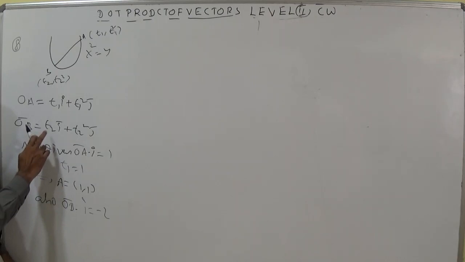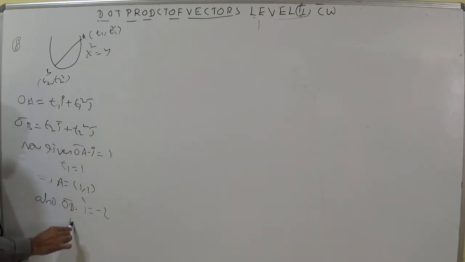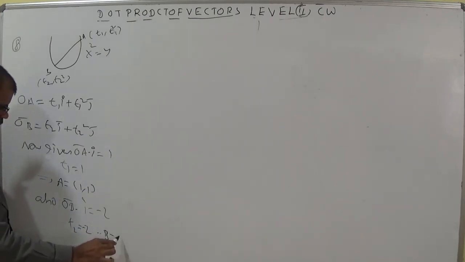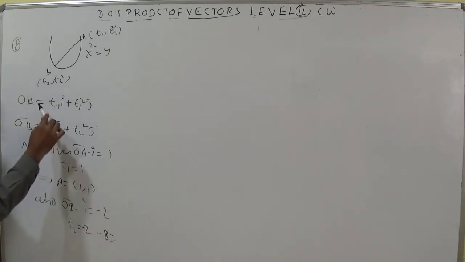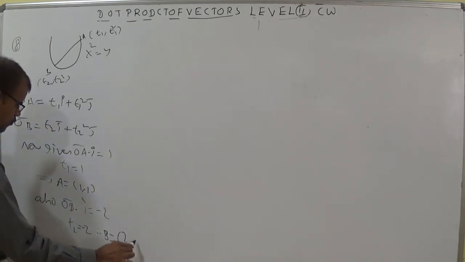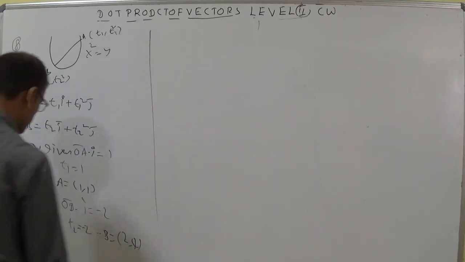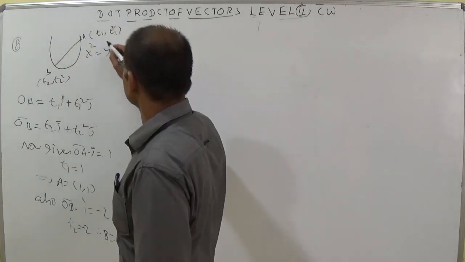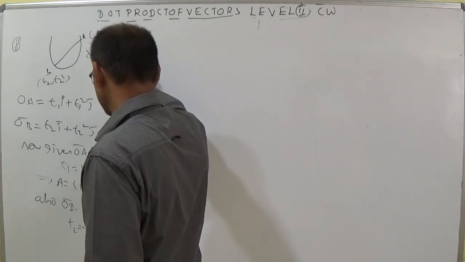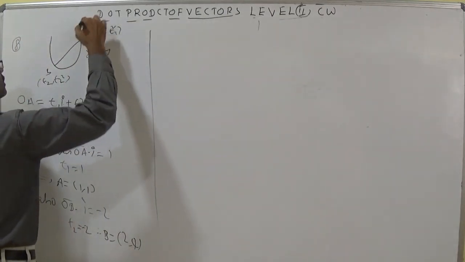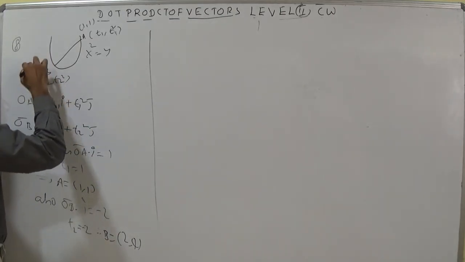What is the value of OB dot i? It is t2. So t2 is equal to minus 2 we got. Therefore, you substitute the value of t2, then you will get B is equal to 2 comma 4. So A is equal to 1 comma 1 and B is 2 comma 4.